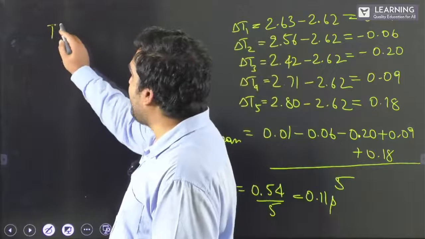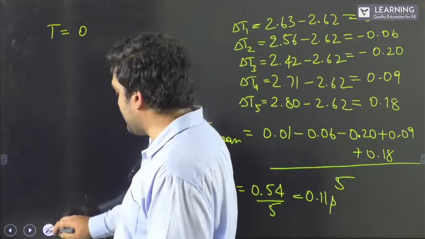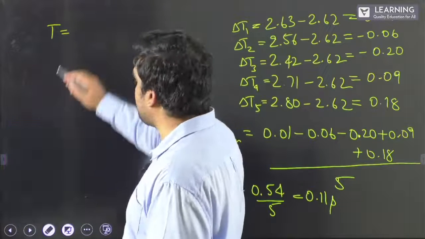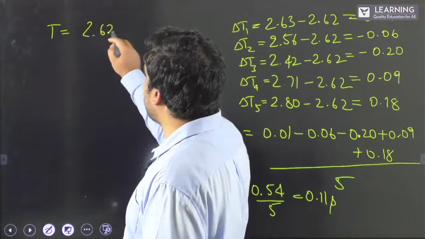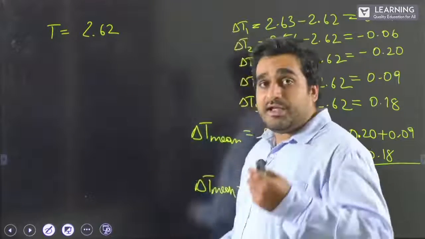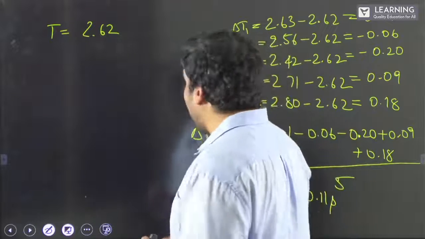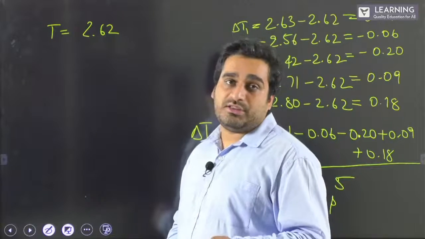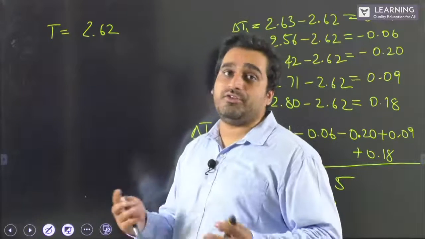Let's say the true value of time is 2.62. Now you're trying to eliminate the error, but you're not sure if you have to add or subtract.